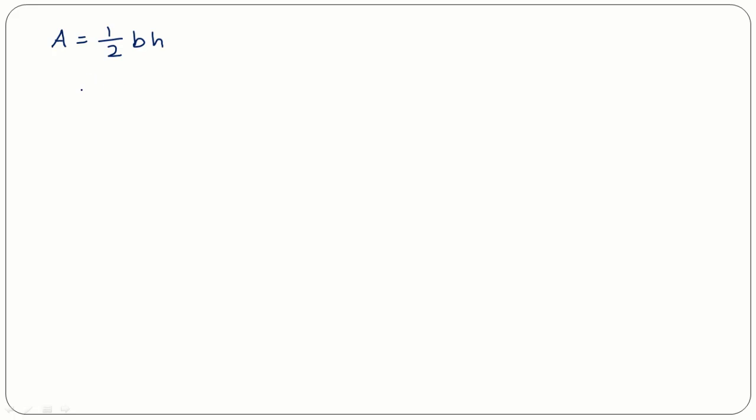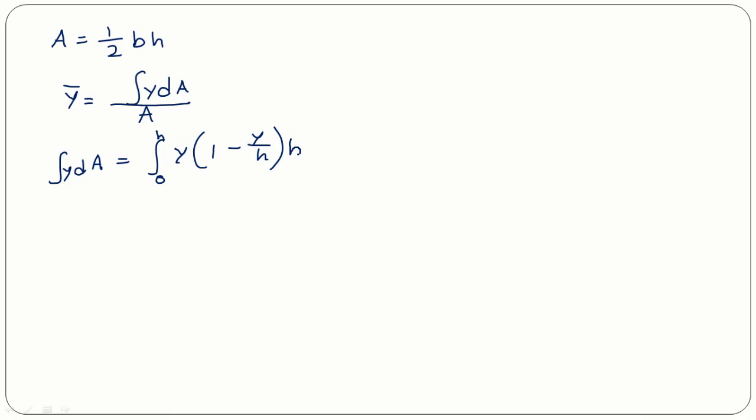Now from this, if we want to calculate the centroid y bar, so this will be equal to integral y dA by A. So integral y dA first we need to calculate. So this will be integral 0 to height h, y into 1 minus y by h into b into dy. So b is a constant, we can bring it outside.